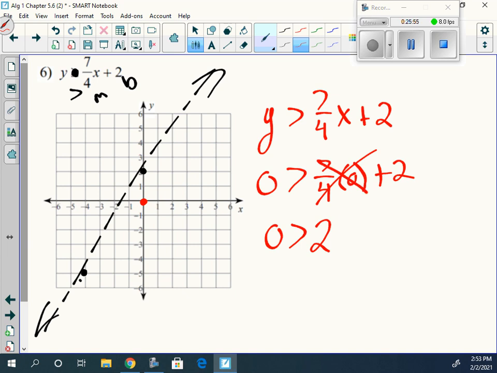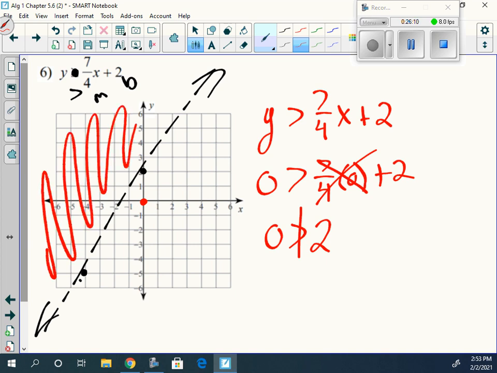So the only thing we have left is 2, because 0 plus 2 is just 2. Is 0 greater than 2? Which one's bigger, 0 or 2?